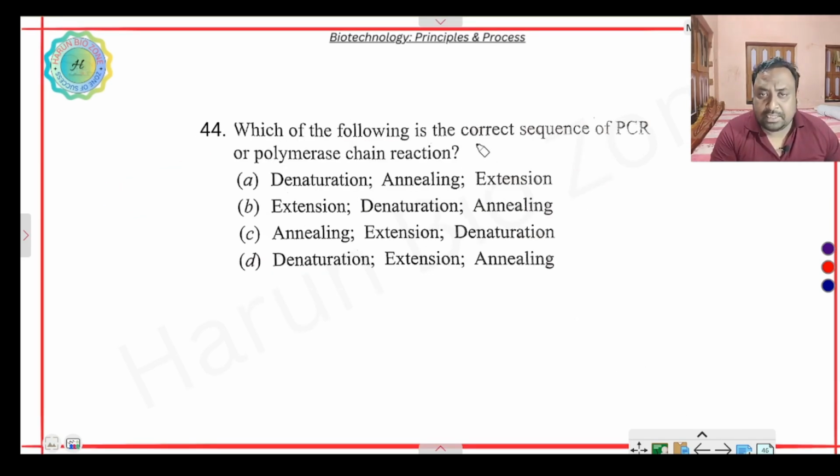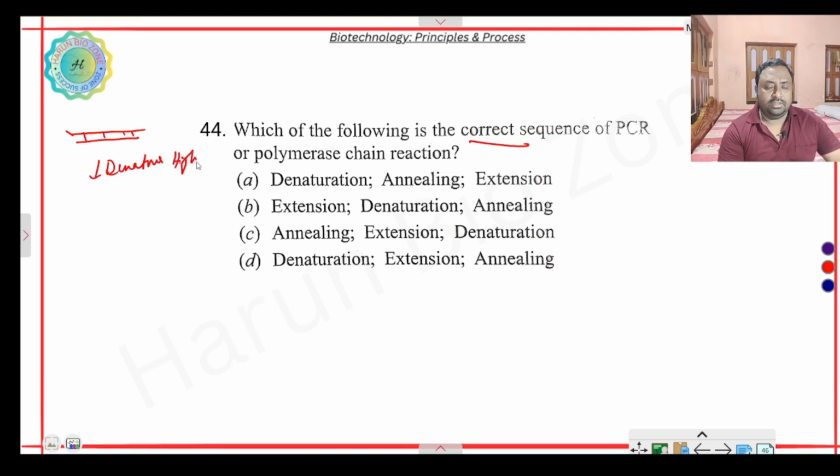Which of the following is the correct sequence? PCR. For PCR, suppose this is DNA. First, denature at high temperature. So here, denature, then twist and separate.